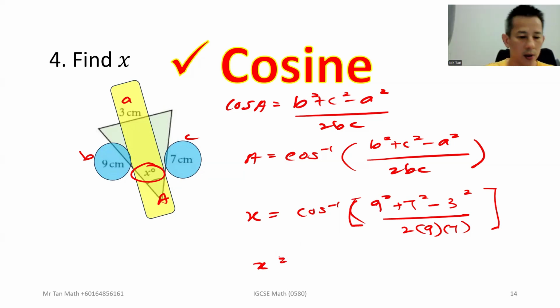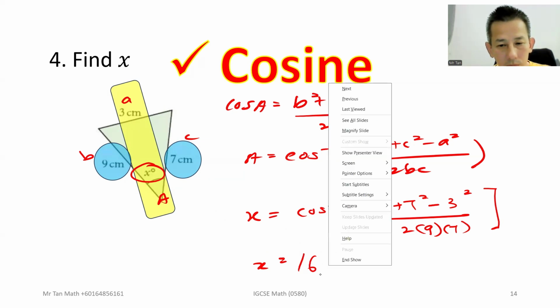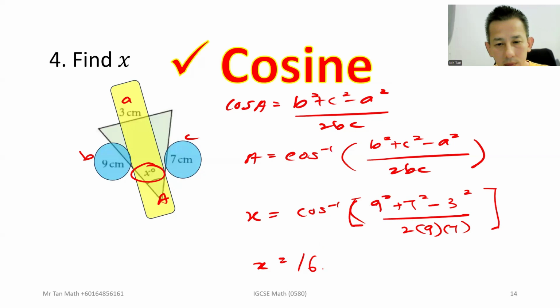So X equals, calculate 9 squared plus 7 squared minus 3 squared over 2 times 9 times 7, close bracket. You should get 16.2 degrees.